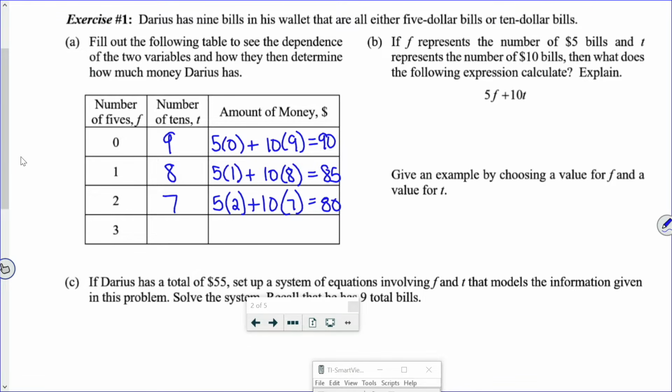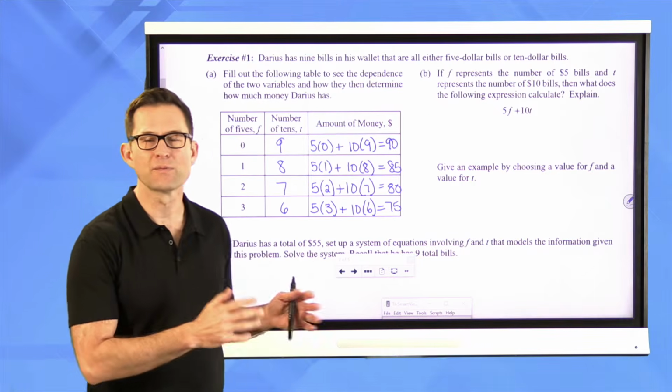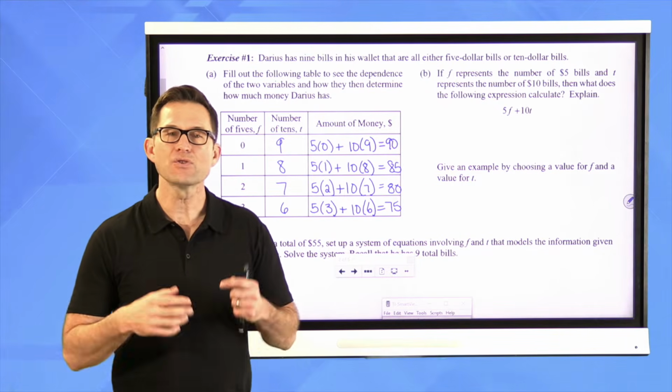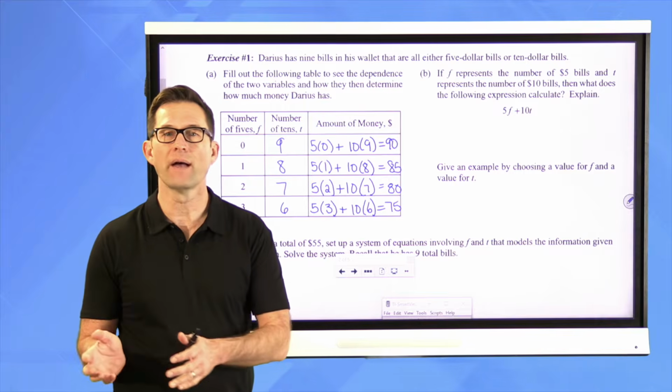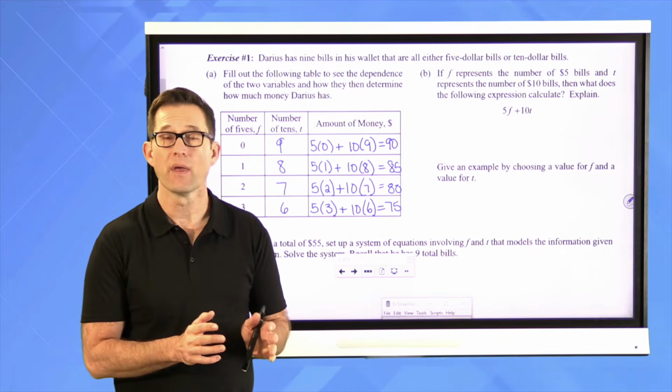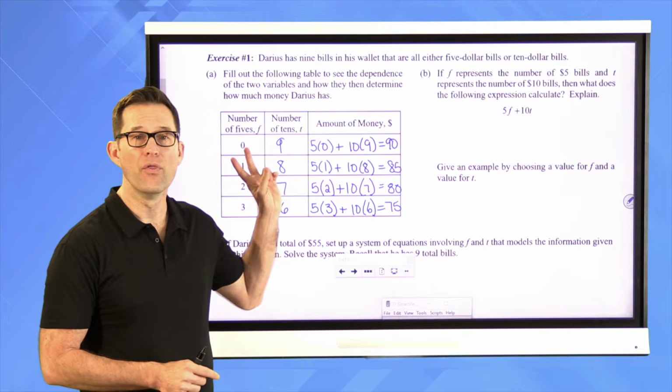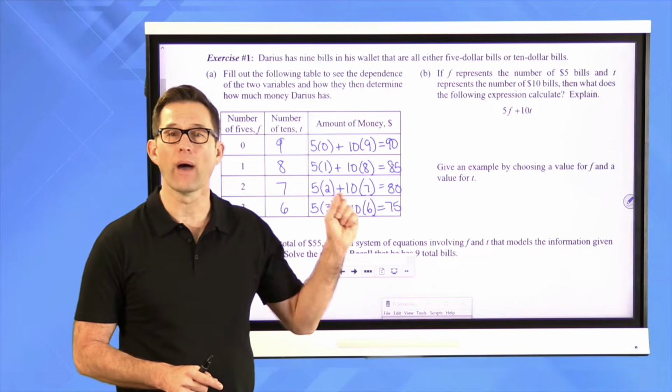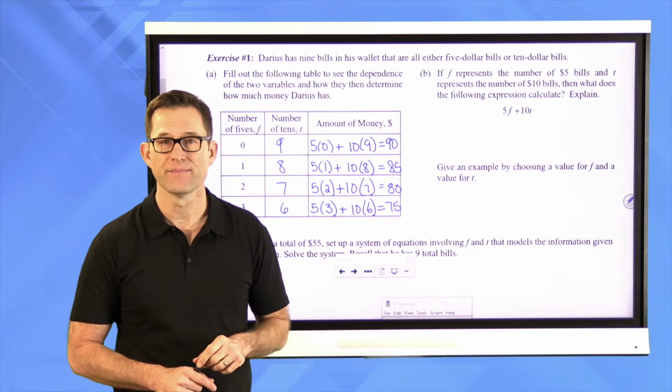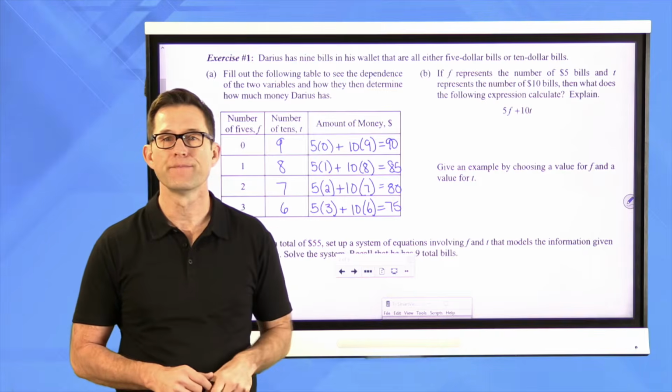Likewise, if he had 3 5s, he would have 6 10s, and the amount of money he would have would be 5 times 3 plus 10 times 6, that would be 15 plus 60, and he would have $75, right? And all I'm doing with this particular table is just trying to get a sense for how the number of 5s and the number of 10s relate to each other, and how those two then determine how much money that Darius has. Let's take a look at letter B.